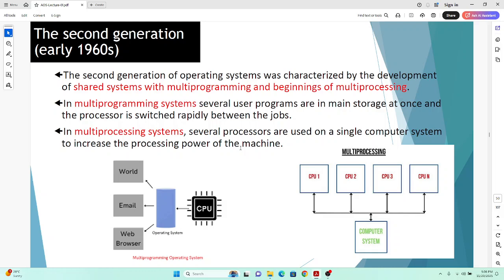Multiprogramming means several programs are loaded in your main memory, your RAM, at once, and we can switch between these programs, and the switching between these programs is called context switching in the case of an operating system. And in a multiprocessing system we have several processors incorporated in one single computer to increase the processing power of the machine.